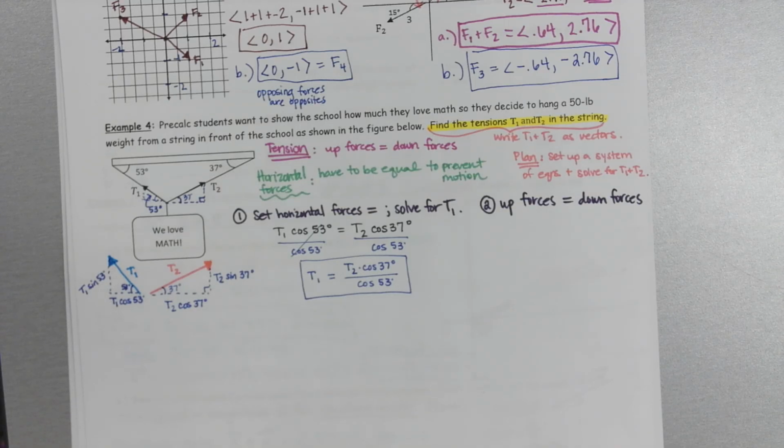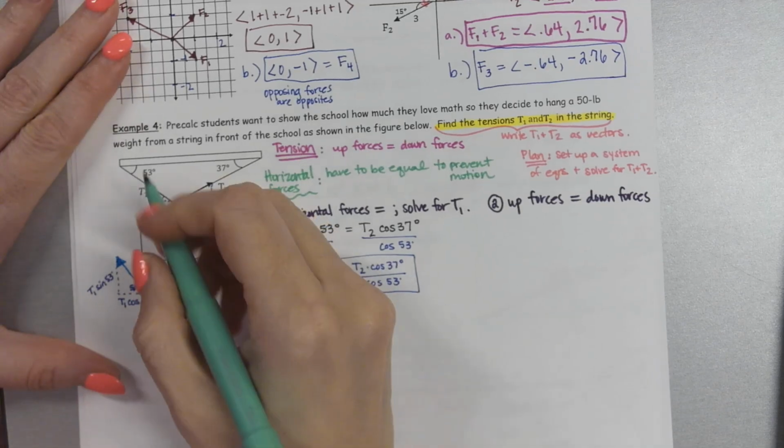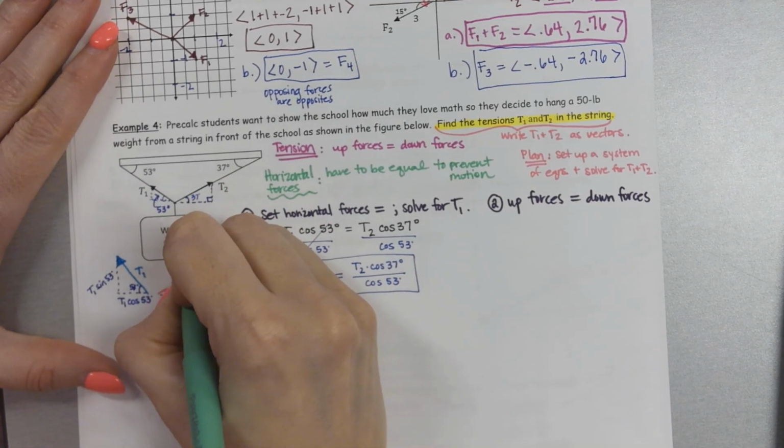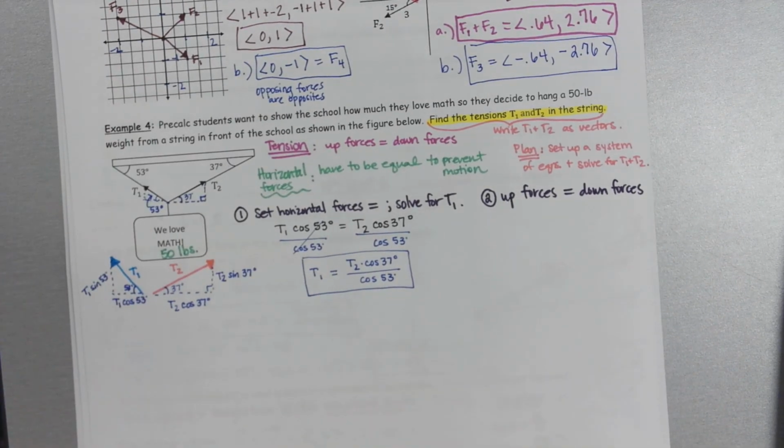What's the down force? The weight, right? So the down force is for the sign is what? 50 pounds. Okay, so the down force is the 50-pound sign here.